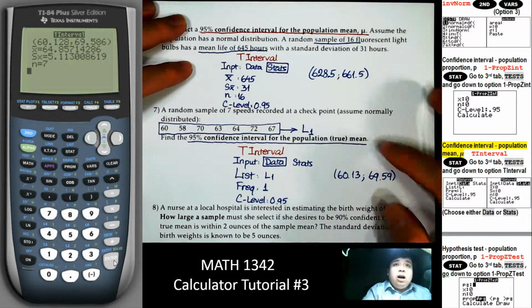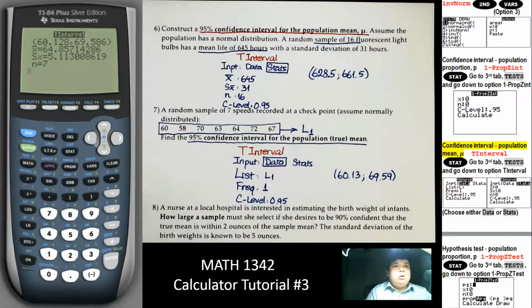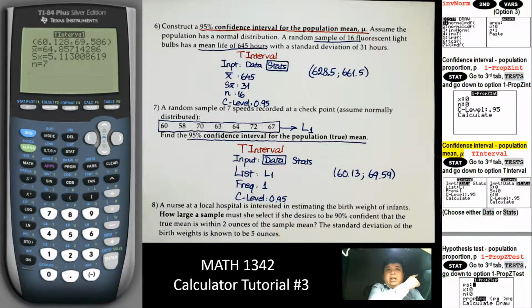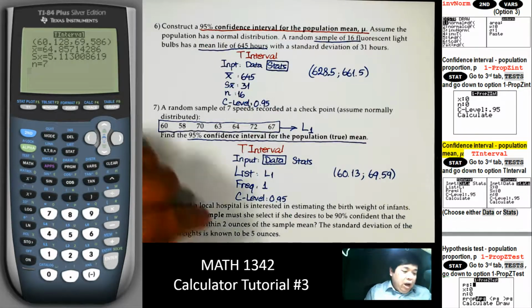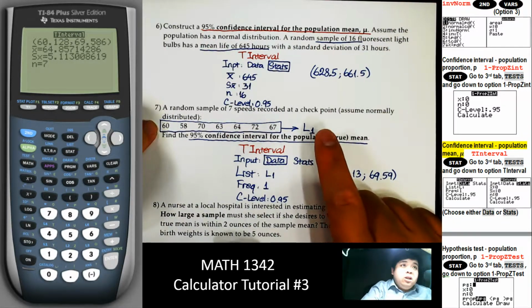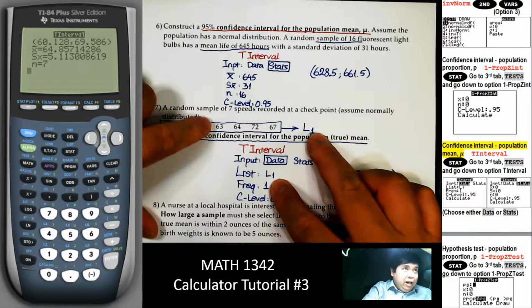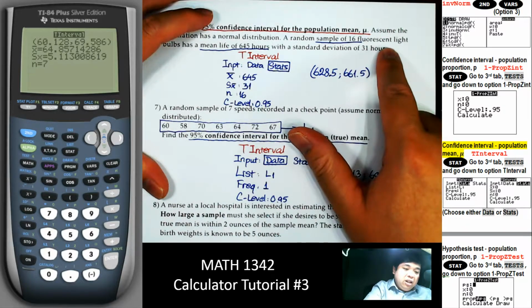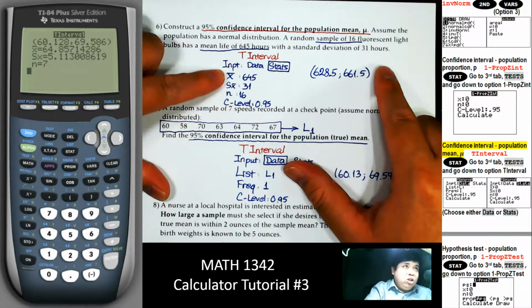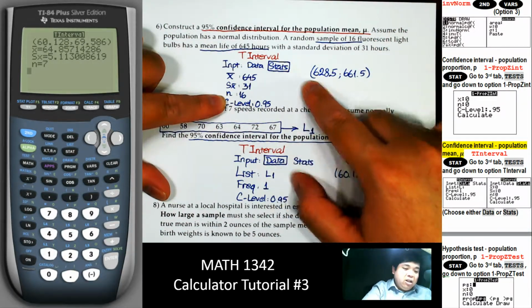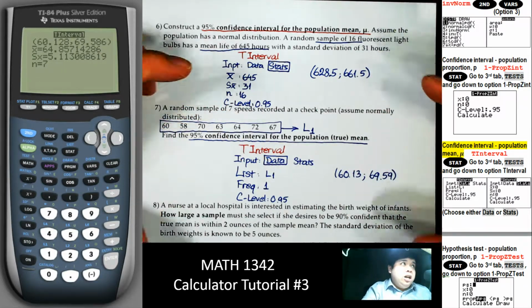For the population mean, we're going to use the t interval. So you see the formula over there. If we are given the data, we use the data stored in the list, usually L1. And if we are given the statistic of the sample, then we just give it under statistic, and either way it gives us an interval of numbers.